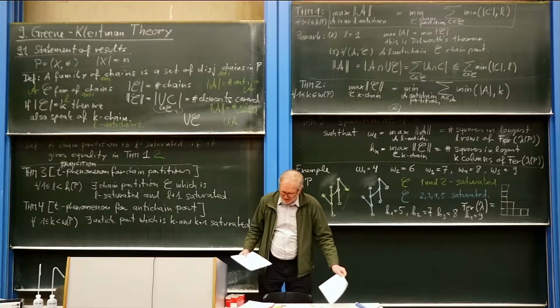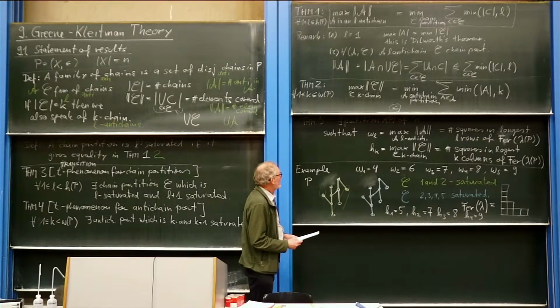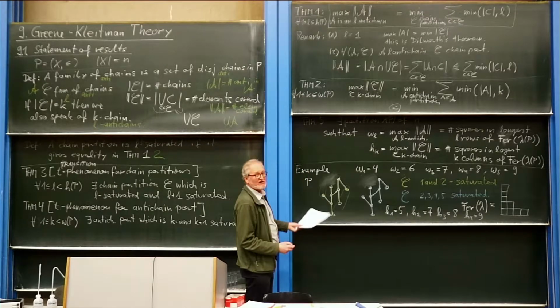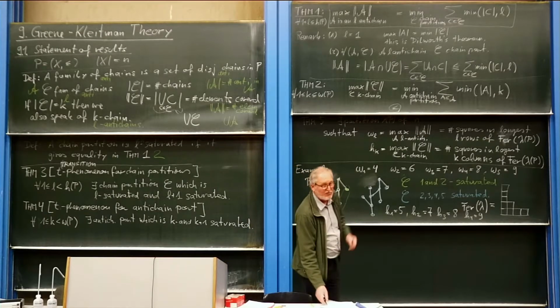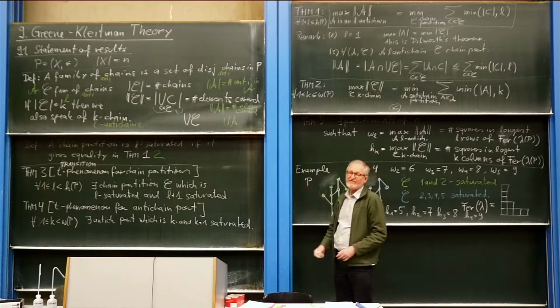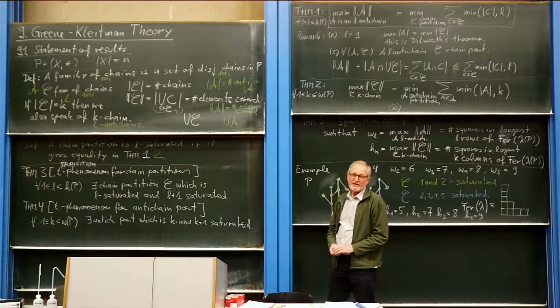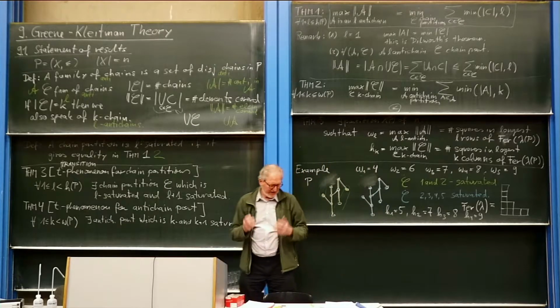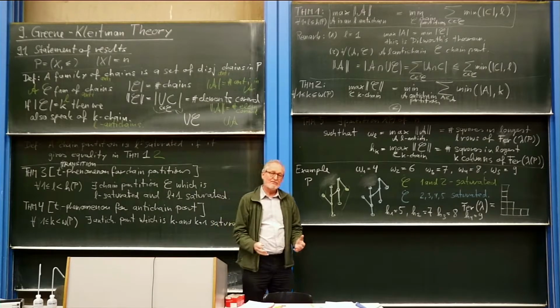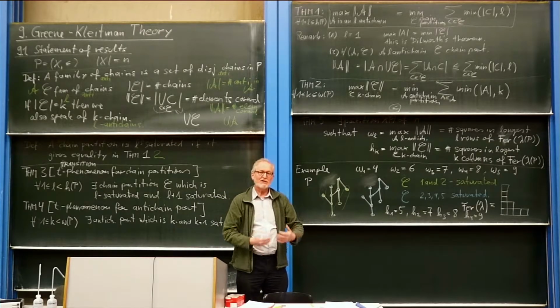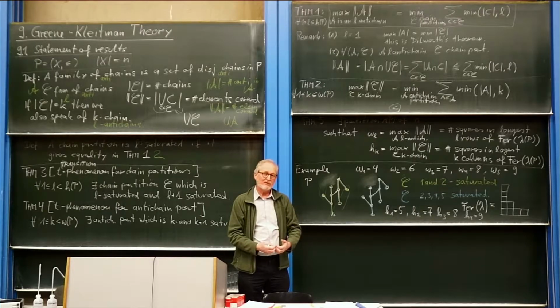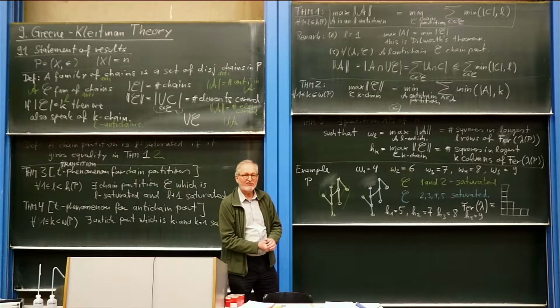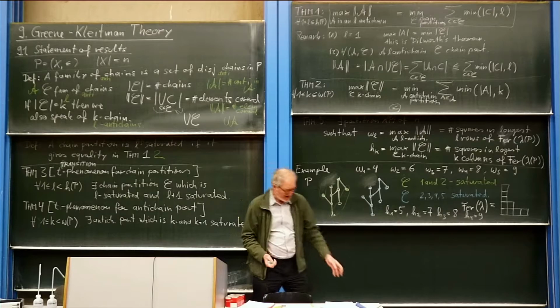Okay, now let's talk about the proof. The proof of all 5 theorems will be a consequence of analyzing the run of a special min-cost flow algorithm on a special network, which is, of course, related to P. And this is a beautiful proof due to Andras Frank.